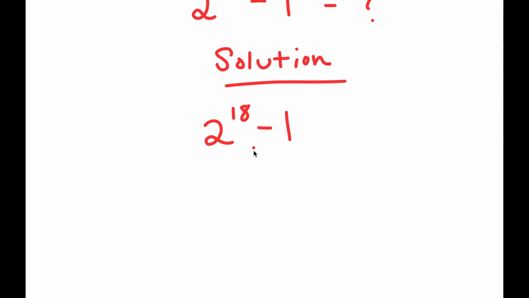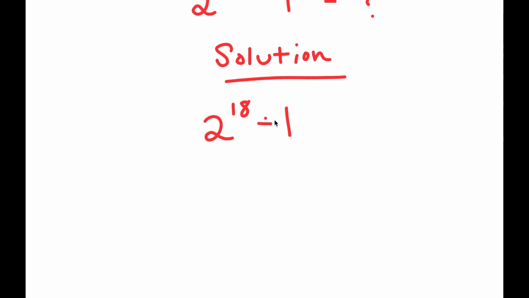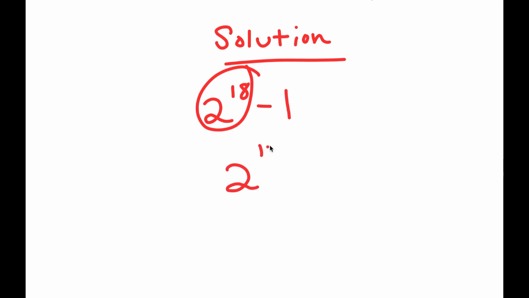And to start with, I'm going to ignore the minus 1 and just focus on this 2 to the power of 18. So 2 to the power of 18 is the same thing as 2 to the power of 9 times 2.